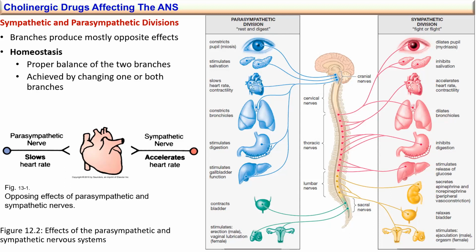It stimulates salivation. It will slow the heart rate and contractility of the heart. It will constrict the bronchioles, bronchoconstriction, stimulate digestion, stimulate gallbladder function. It will result in contracting the bladder and emptying the bladder, and urinary retention.